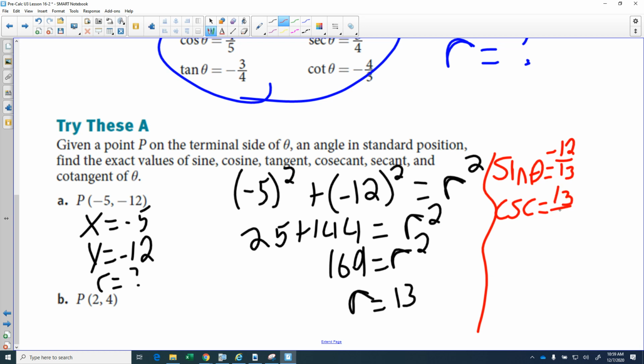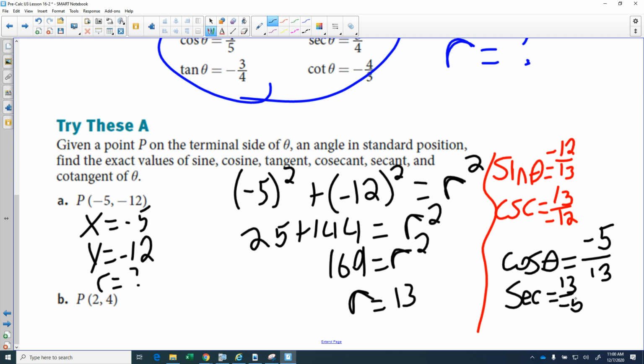It's going to be 13 over -12. If I want to find my cosine value, it is x over my radius. So cosine of theta is going to be my x value, which is -5 over 13. And then the reciprocal secant is just going to be the flipped version, which is 13 over -5.